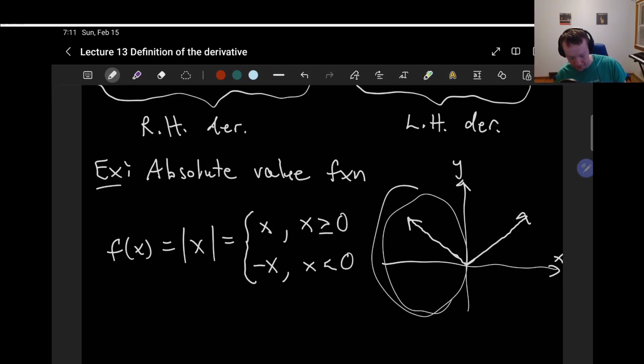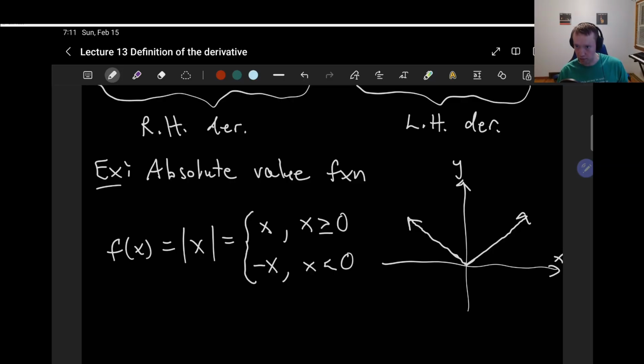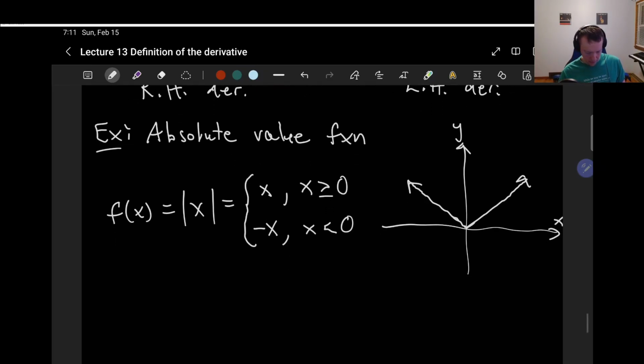Hence, this left side looks like the line y equals negative x. So this little construction ensures that you're always getting the positive version of whatever you plug in. So most points are fine when it comes to differentiability. The problem is when x is 0. This little vertex here. So let's look at that.